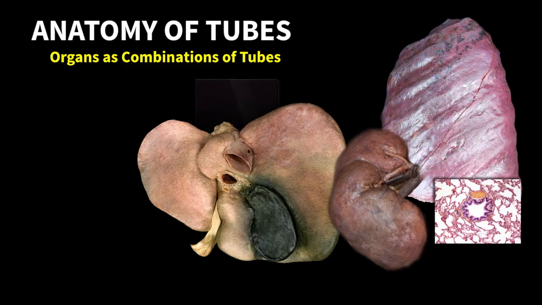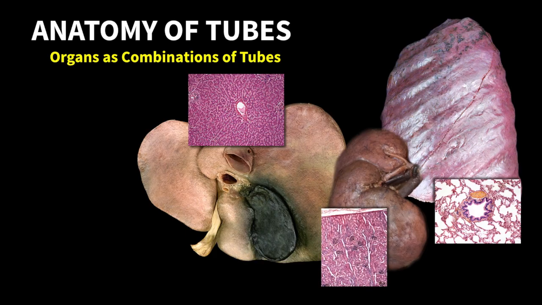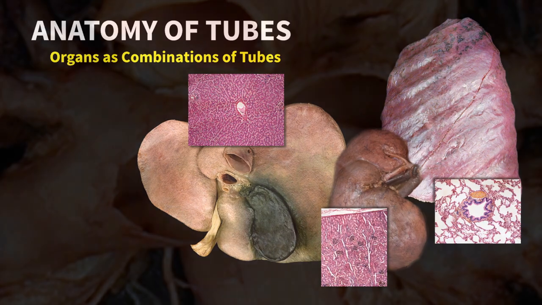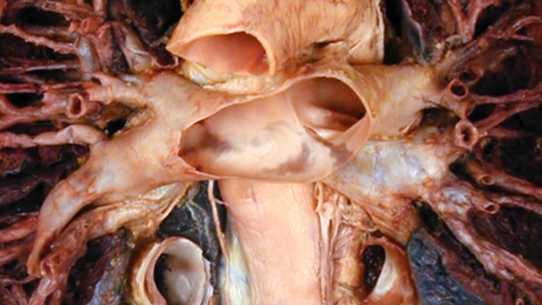The liver is nothing more than an extensively branched network of biliary tubes associated with a neighboring grid of blood vessels. A final example, the kidney, is nothing more than a complex arrangement of urinary tubes and intimately associated blood vessels. So we can see that tubes are everywhere in the body.